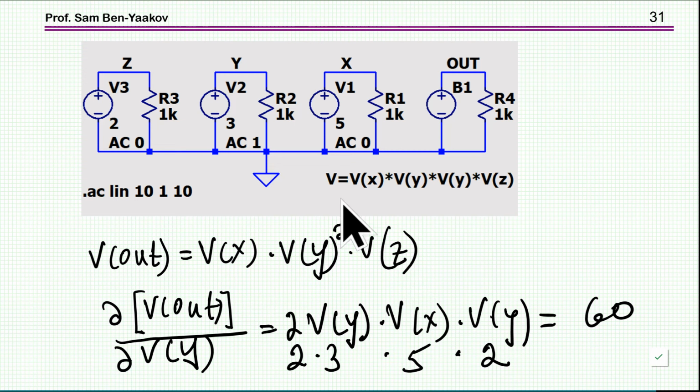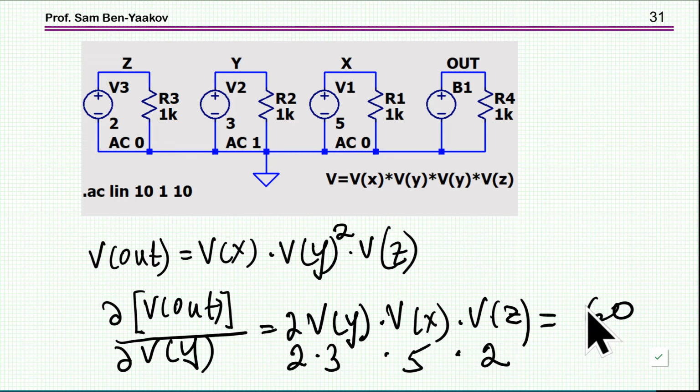Vx is 5 volt DC. This is the operating point. Vy is 2. I'm sorry, this should be Vz. Okay, I'm going to correct it. Okay, now it is corrected. So Vz is 2. So if you do this calculation, you come up with 60.